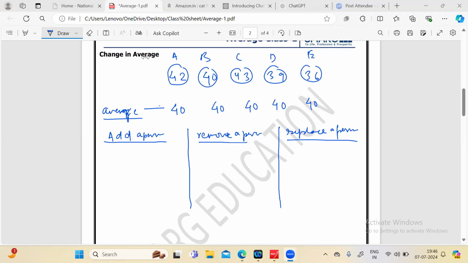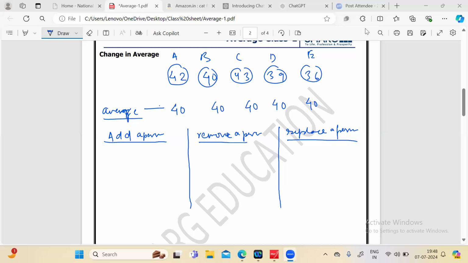So most of the time there will be a single change only, but you can also observe 2 changes or 3 changes, but that will not change the question or the concept. Okay.